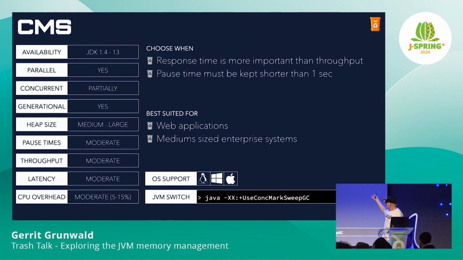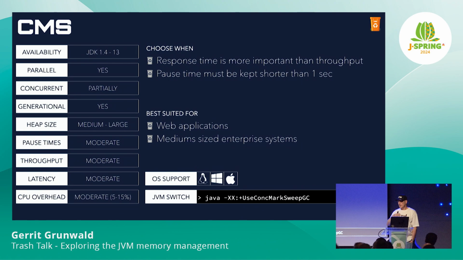It was built for when you care about response time. If the response time is more important than the throughput, then this was a very good collector. And if the pause times must be kept below 1 second, then it was quite good. But as I said, and as I saw, most of you are on 17 and 21, so you can't even select it anymore. And this isn't really a problem because we have something that replaces that one.